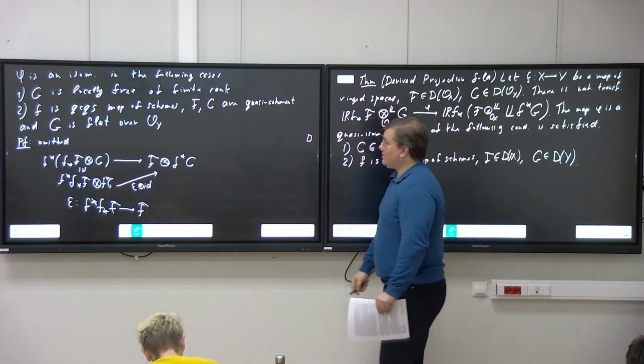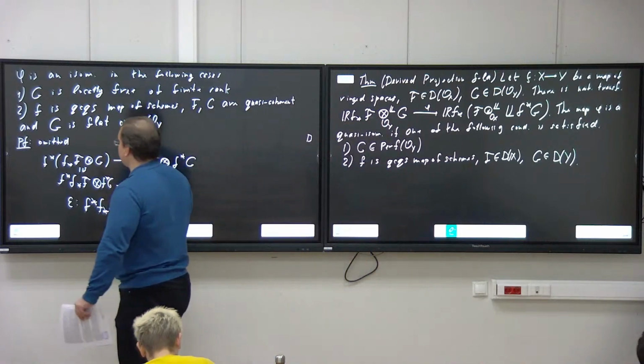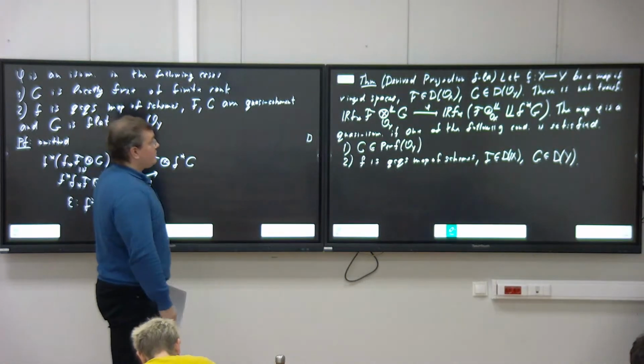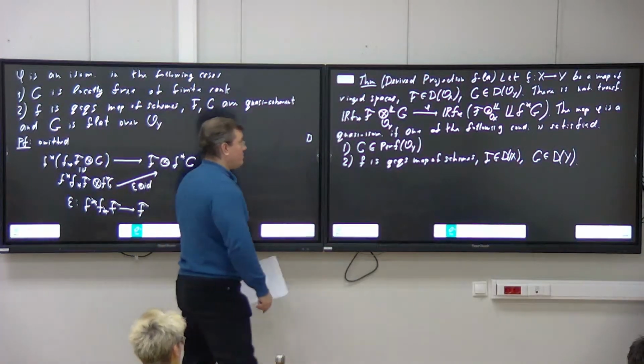Notice that if you compare this with condition 2, I don't need any flatness requirement for G. That is because for G I apply the derived functor of pullback.